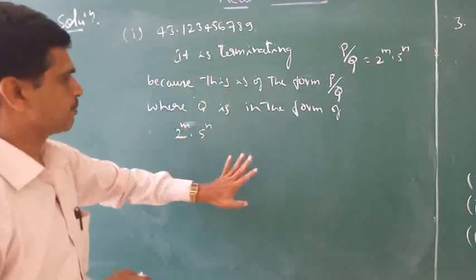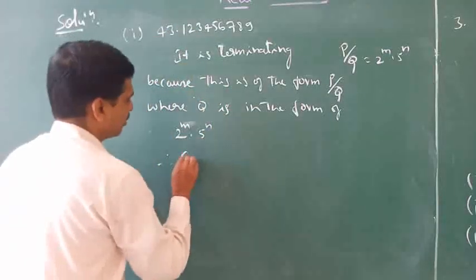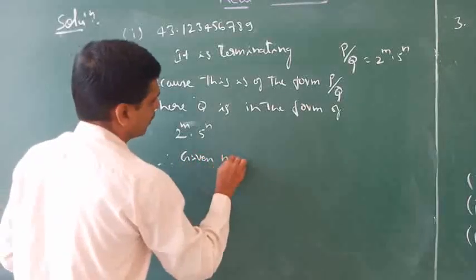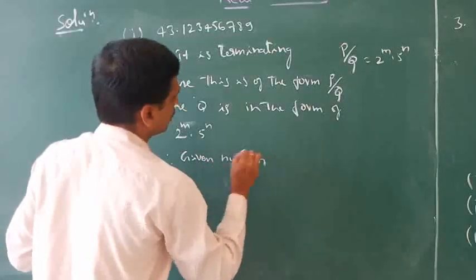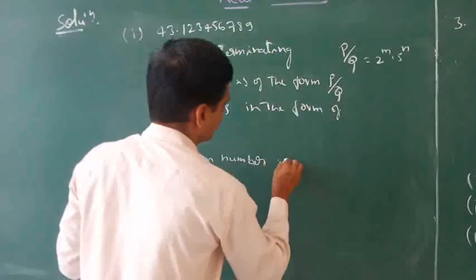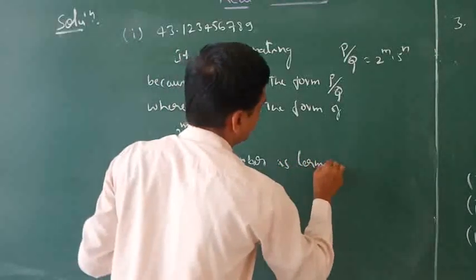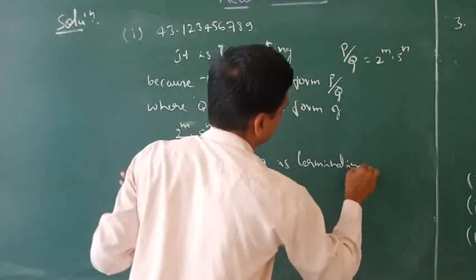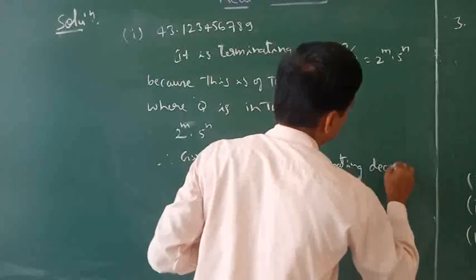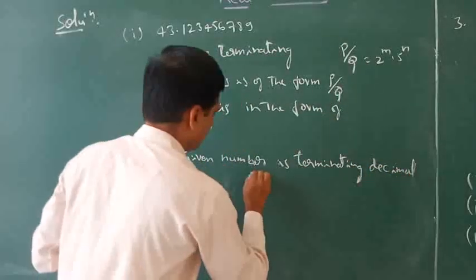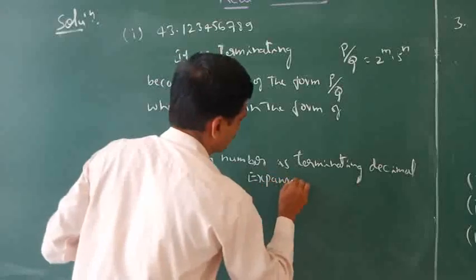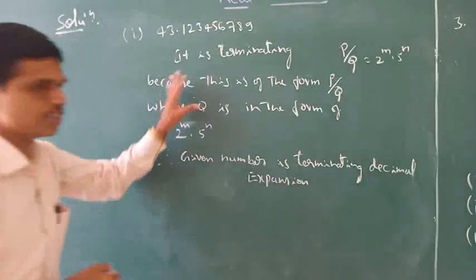Therefore, the given number is a terminating decimal expansion. Okay, so this is our answer.